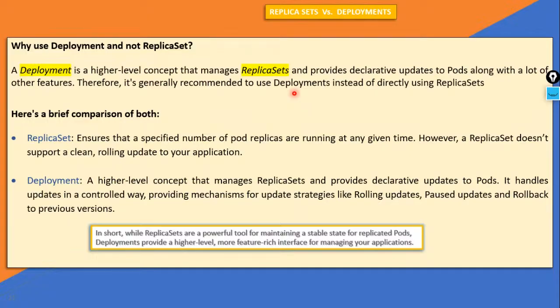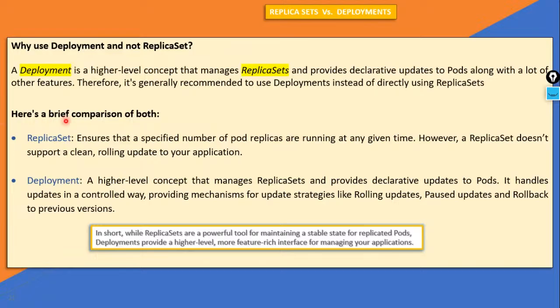All these things are not possible if you have used pods deployed through replica set objects, manifest files. You cannot use declarative updates to the pods if you are using replica sets. Therefore, we need a deployment manifest file with a lot of other features. Therefore, it is generally recommended to use deployments instead of directly using replica sets.